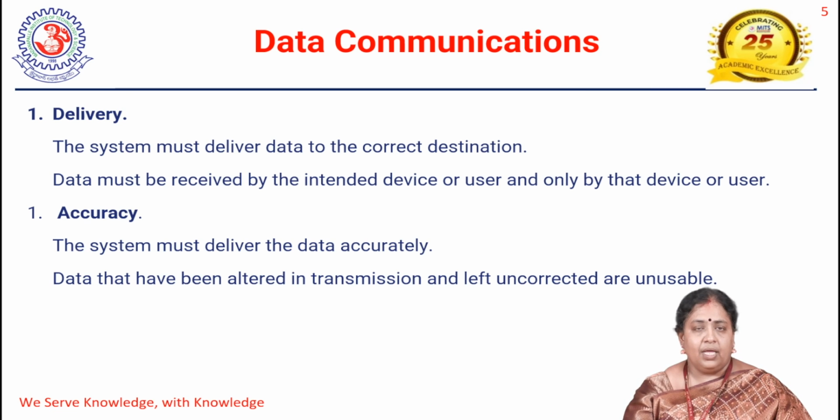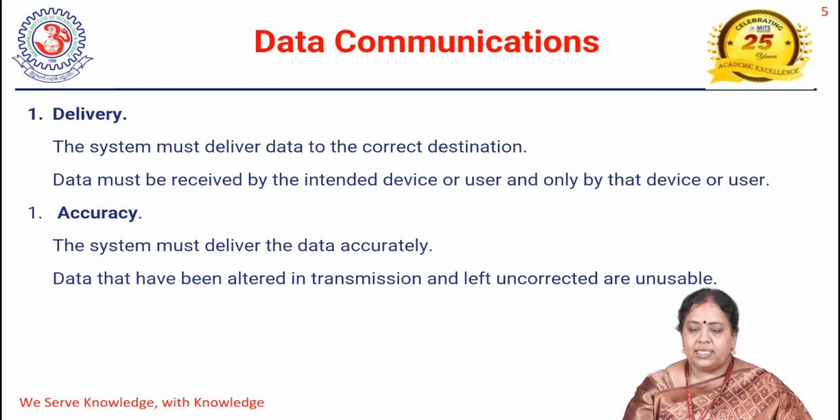For example, data is transferring from device A to device B. Delivery means A sends the data and B has to receive the data. This data communication system must deliver the data to the correct destination, not to anybody else.